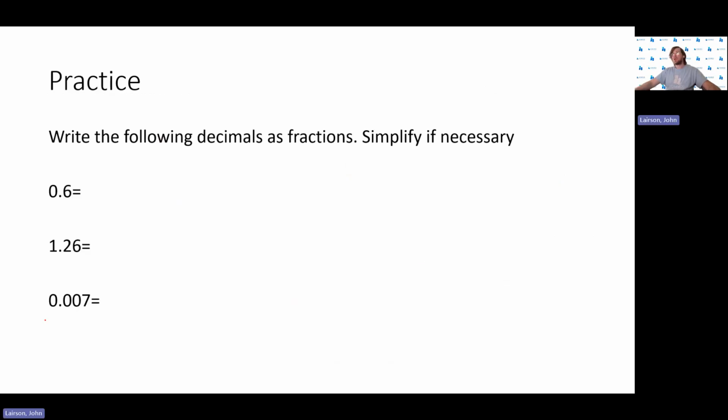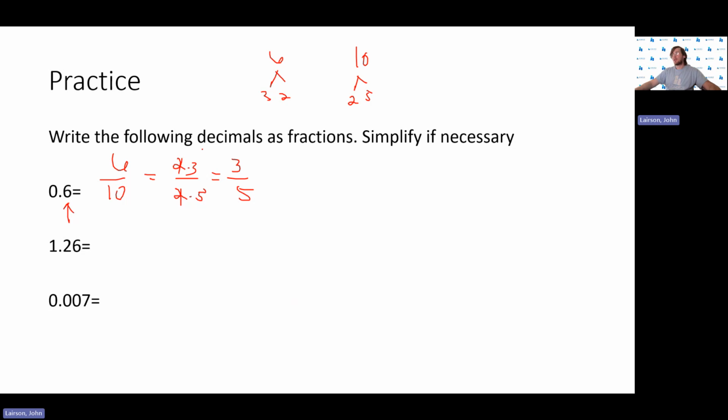So, practice. 0.6, this is the 10th place. Ignore the decimal. This is 6 over 10. Let's go ahead and reduce this. 6 is 3 and 2. 10 has 2 and 5. So 2 times 3 and 2 times 5. Those two 2s cancel out. 3 over 5.